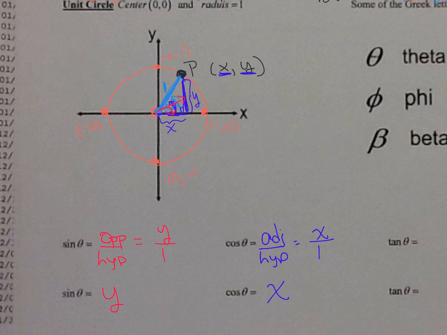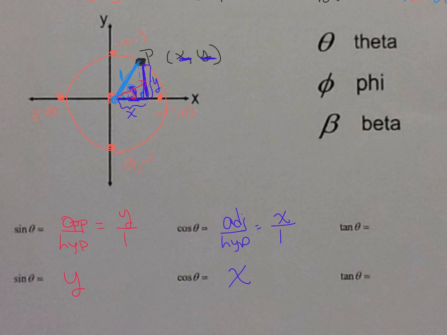All right, so now let's talk about tangent. I am going to have to move this over, so give me a second. Okay, so remember, tangent is opposite over the adjacent. So opposite would be your y value over the adjacent, which is your x value. Okay, so therefore I can substitute for x and y what x and y are equal to.